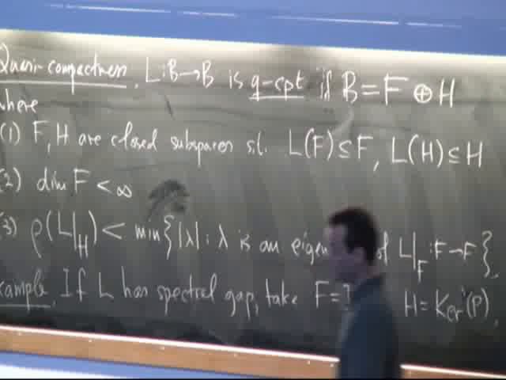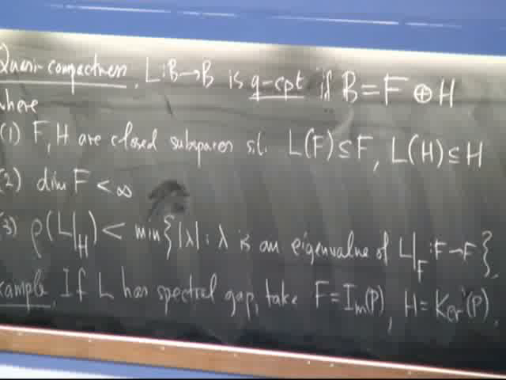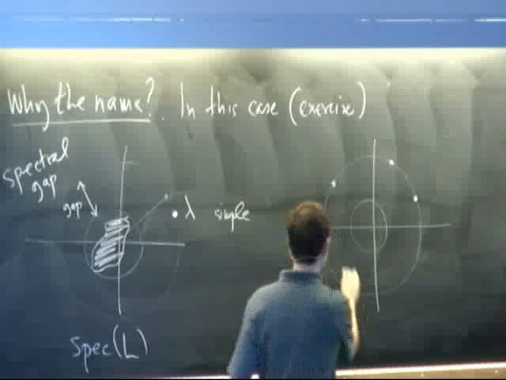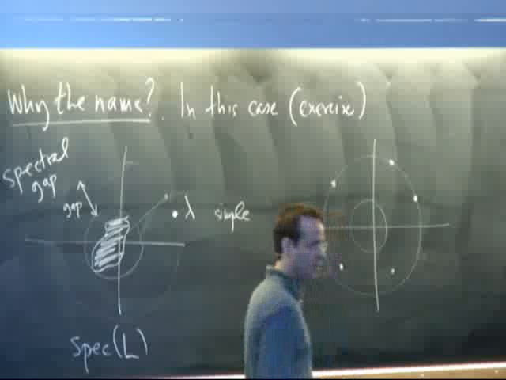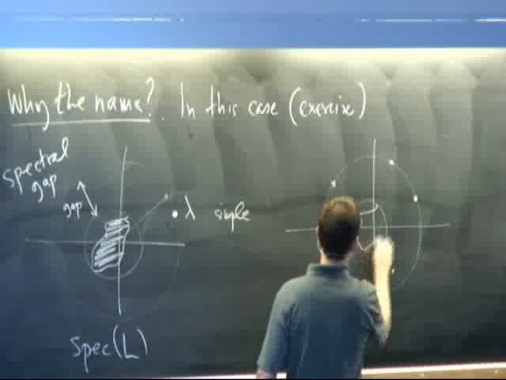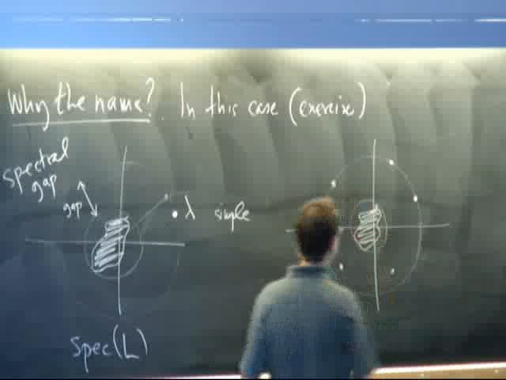Now, from the spectral point of view, if this is the case called spectral gap, then this will be the general case of a quasi-compact operator. It's almost the same picture, except that we allow other eigenvalues on the circle. And maybe some more eigenvalues inside, but finitely many, and something crazy without any control, bounded away.